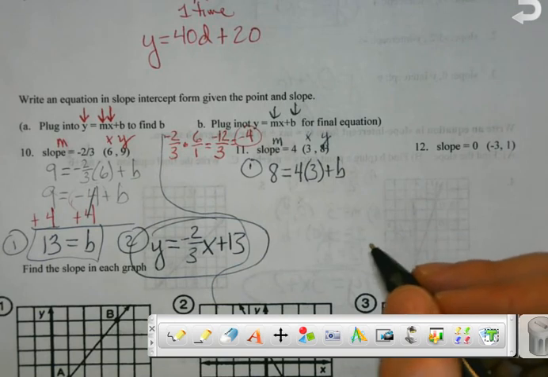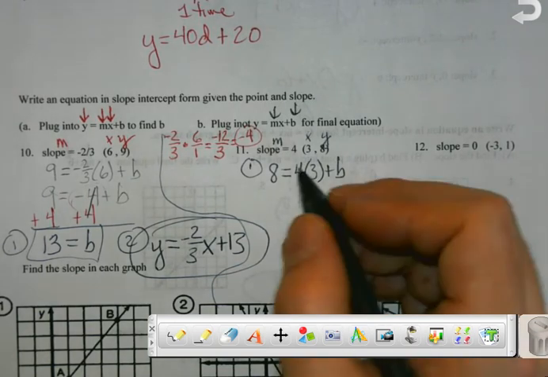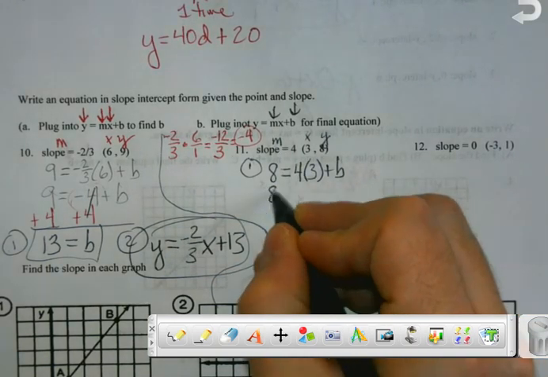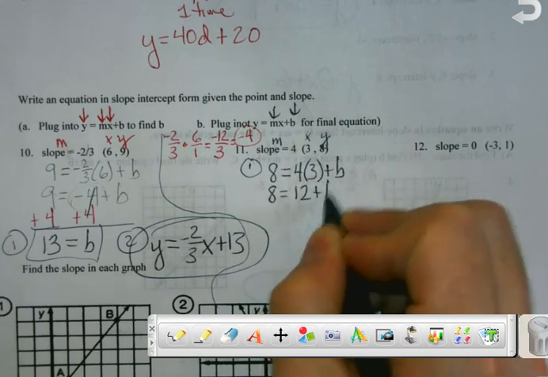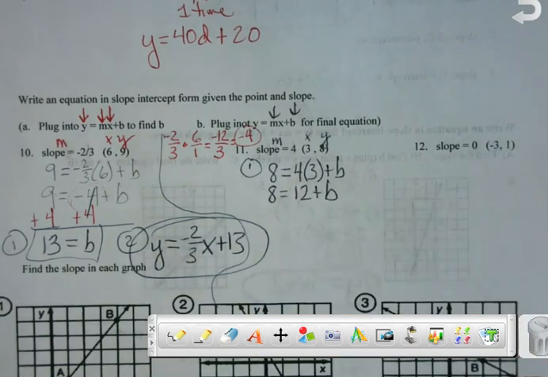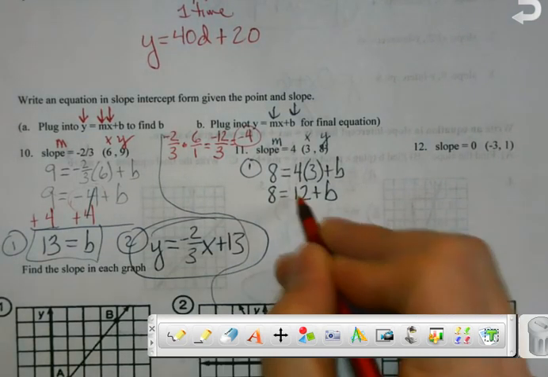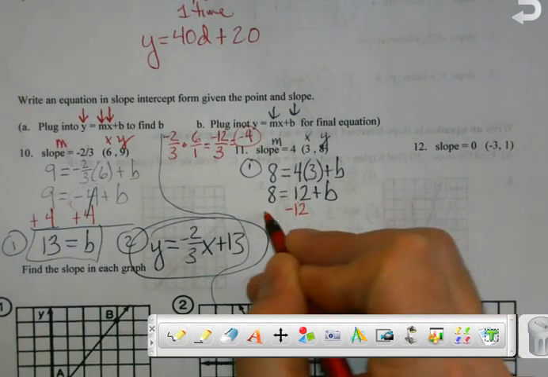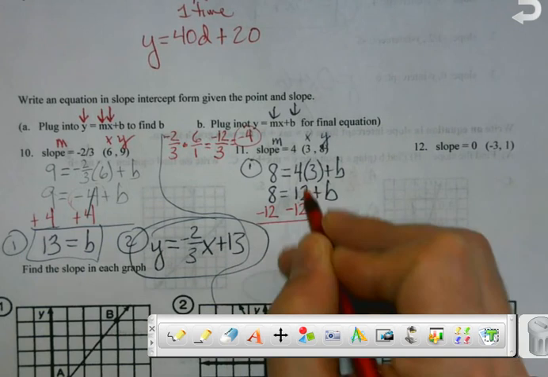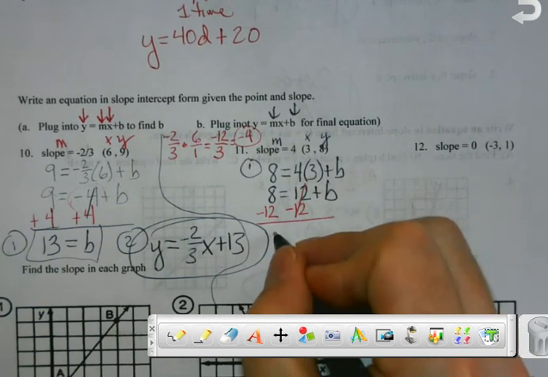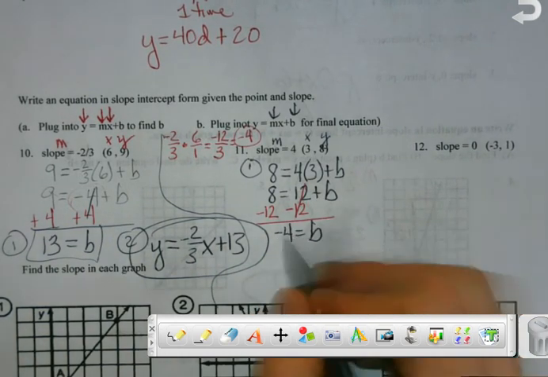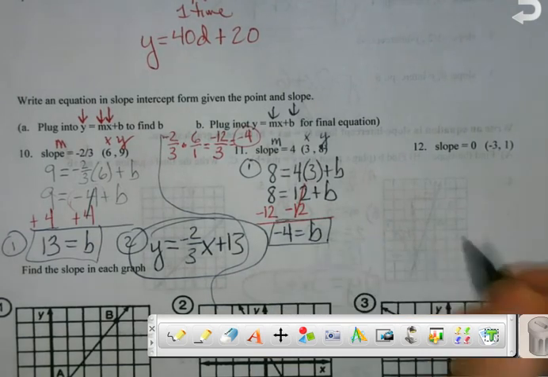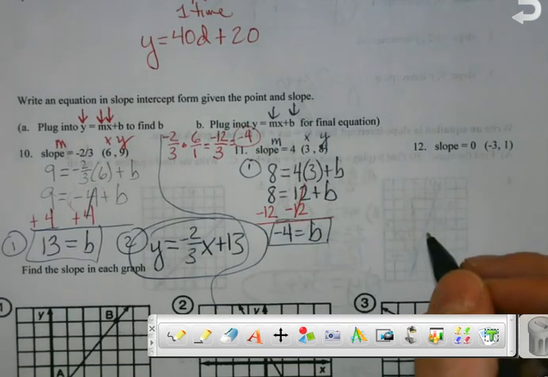He's like, I better start writing down the stuff we're doing. 4 times 3 is 12. And again, what's my one step to get b alone? The opposite of adding 12 to b is to subtract it. So that's my b.